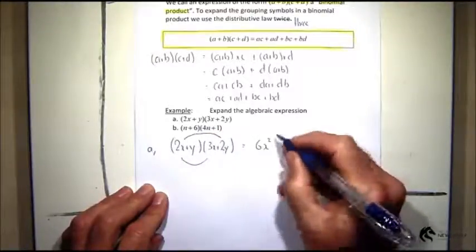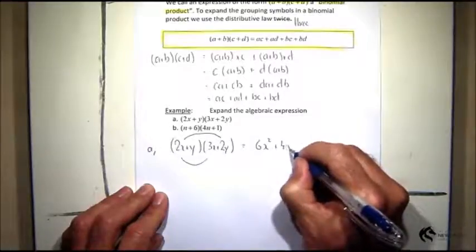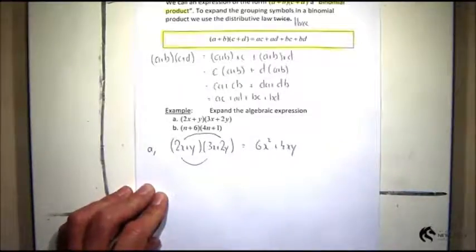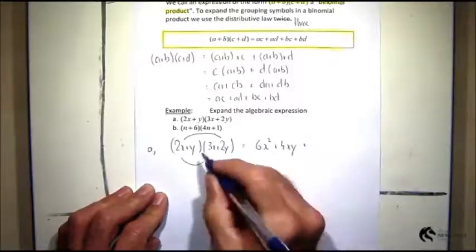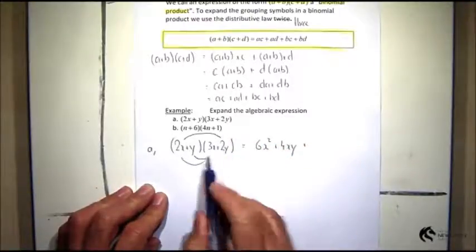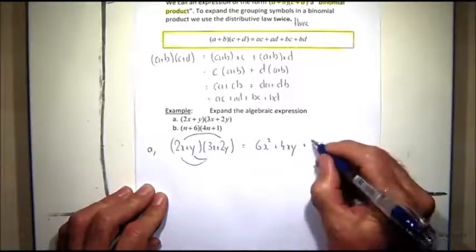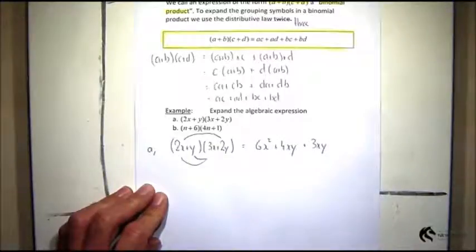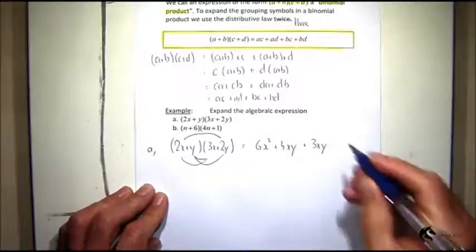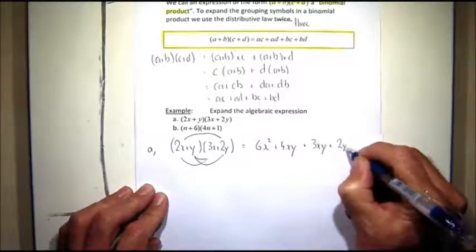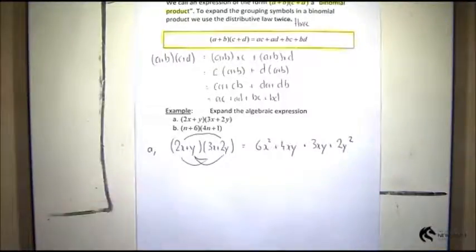2x times 2y is 4xy. Plus inside. So I've got 3x times y is 3xy. And last, y times 2y. That would be 2y squared. So there's my binomial product.